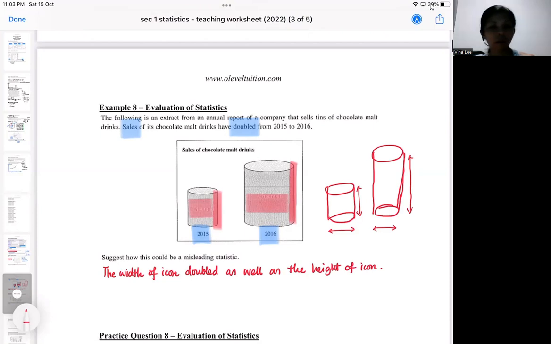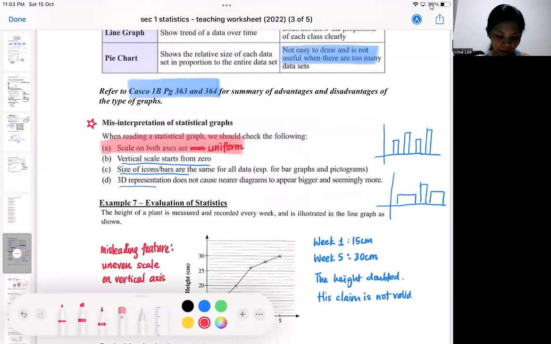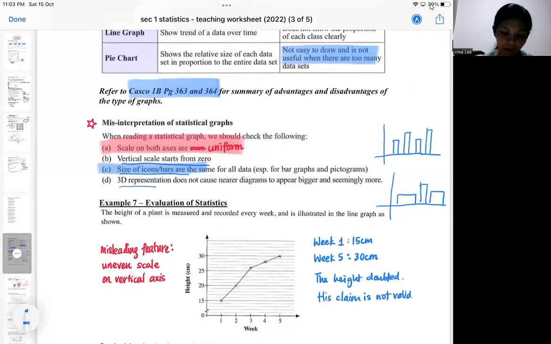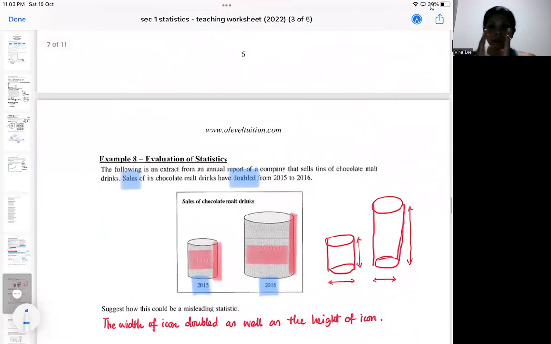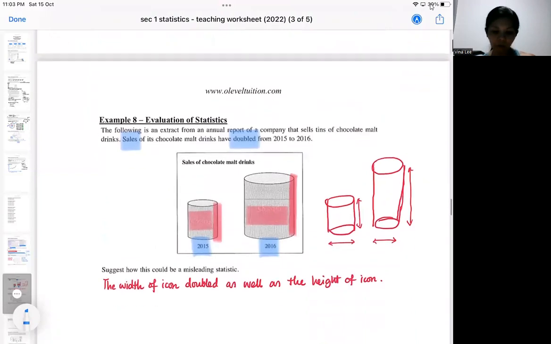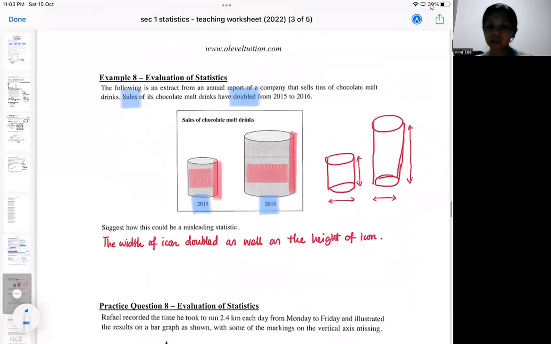So there are a lot of exam questions where they twist the question to match the idea. This one falls under point number 3, point C. The size of the icon should be the same. So the height can be different to illustrate the difference in the statistic that we're trying to show.